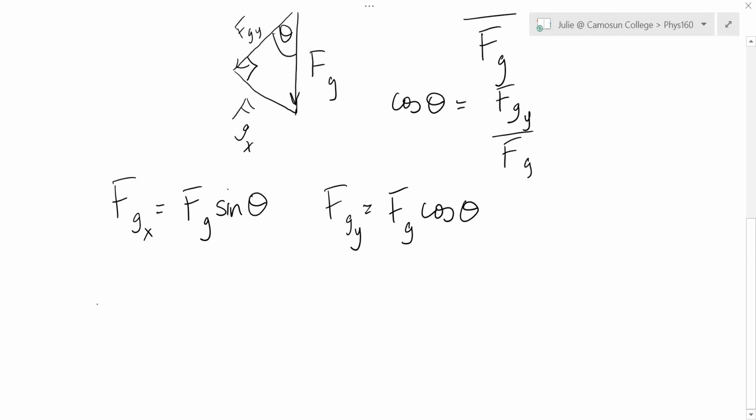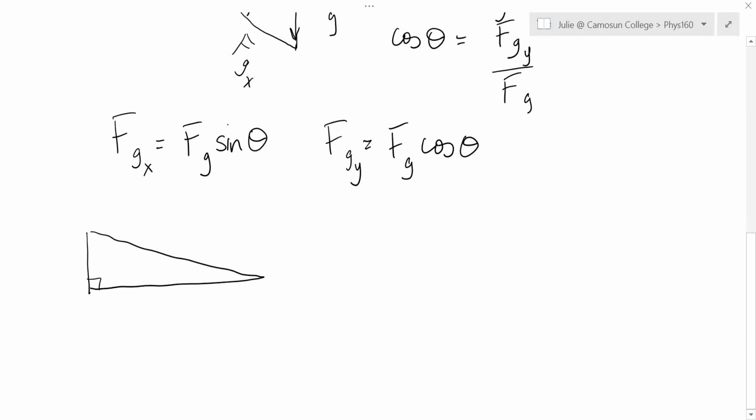What I recommend you do every time you get a problem where you've got a box on an incline, or a skier on an incline, or any kind of object on an incline, is you simply draw the box. You don't need FG, because once you have its components, you've got the effect of gravity. So I would just immediately put on FGX, which is FG sine theta.